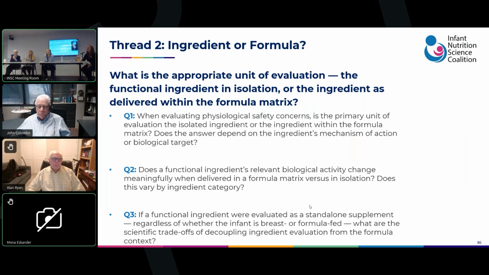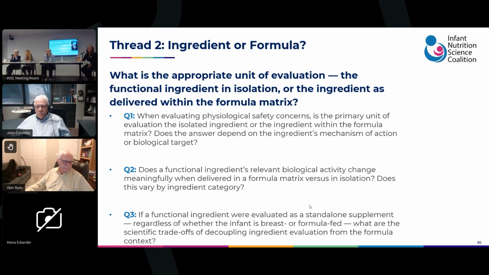Can you please repeat your question? Yeah, it doesn't sound logical to me. No, I agree. I think you should partner with a manufacturer and put it in their formula and test it in their formula, but maybe that's not always possible. So can you take the ingredient, if you're a manufacturer of an ingredient and you want to test it in an infant formula, pull that formula off the shelf that's commercially available, add it to the formula, and give it to those infants for an infant trial?